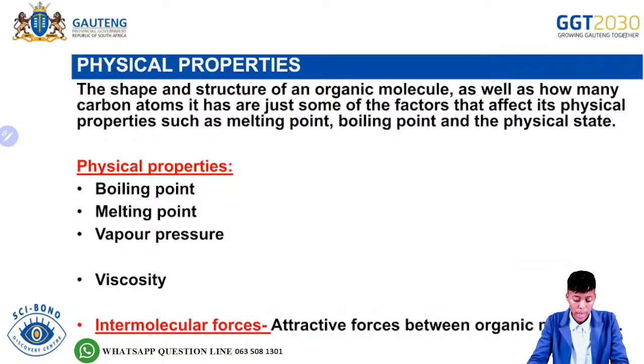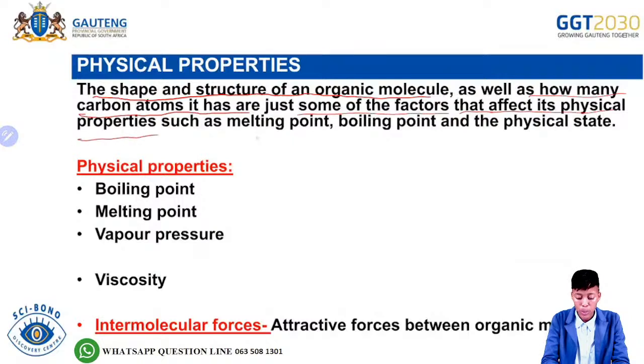So next we have physical properties. The shape and structure of an organic molecule, as well as how many carbon atoms it has, are just some of the factors that affect its physical properties, such as the melting point, the boiling point, and the physical state.